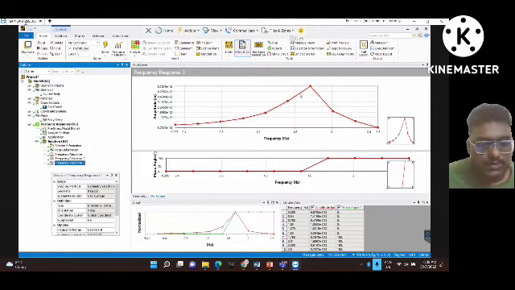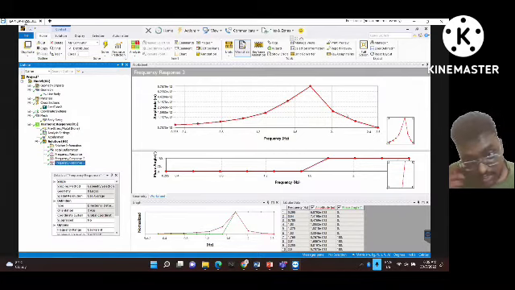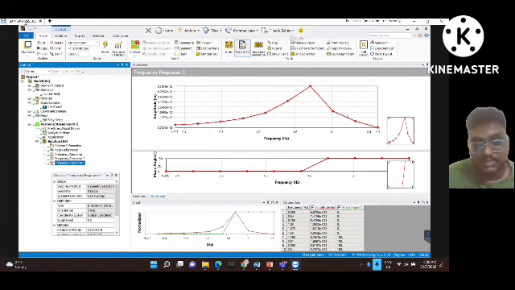We ran 3 responses, and we got these 2 graphs. As we know, there is a deformation, there is a slight stress when the wind blows at 1 ms^-1 on the crane.